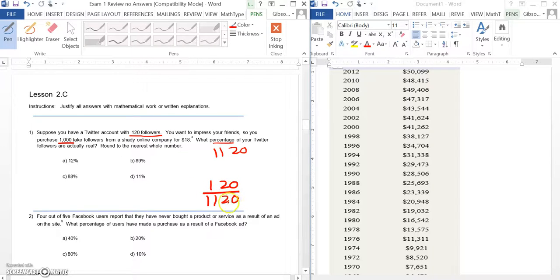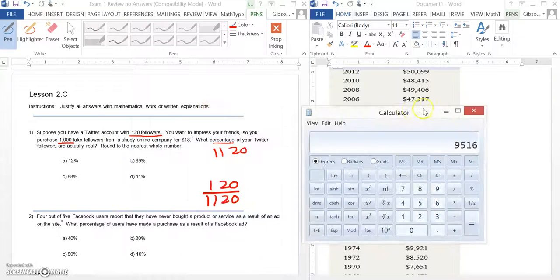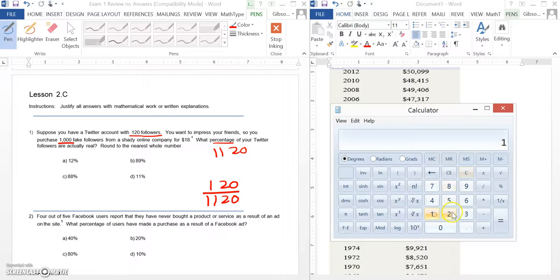So we would take 120 divided by 1,120, which we could put in our calculator. Which would give us, if we round this to the nearest whole number, now we know as a percent, we will write down 0.107, and we will round that.